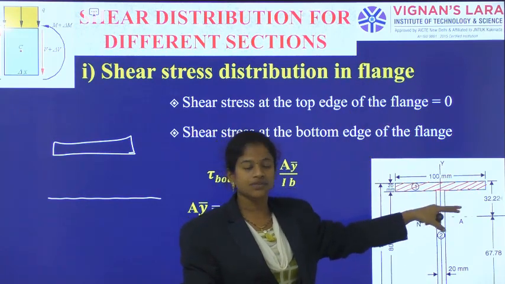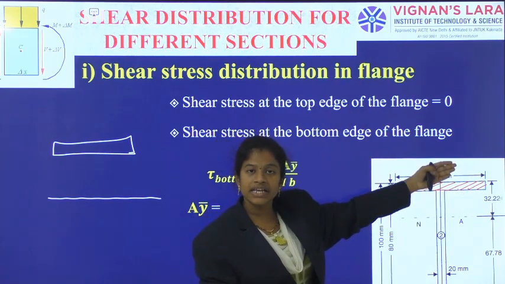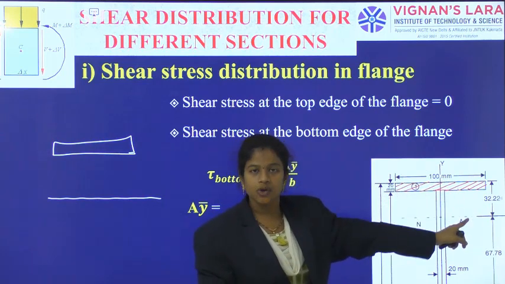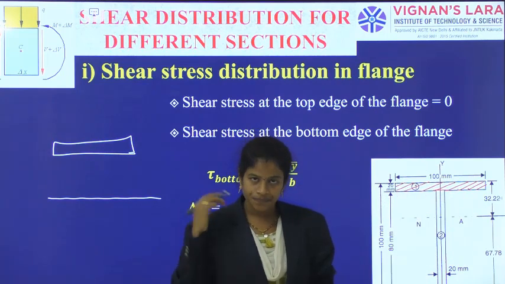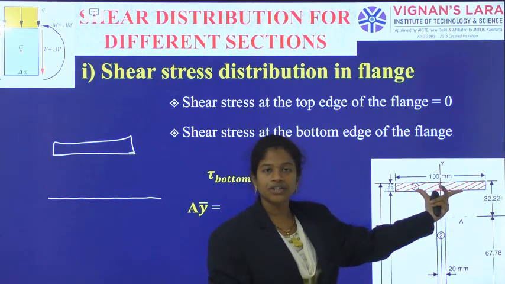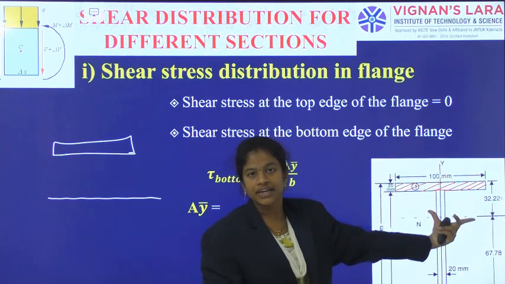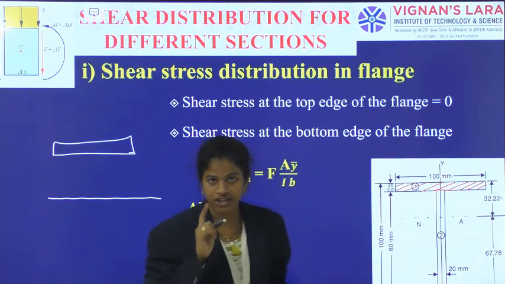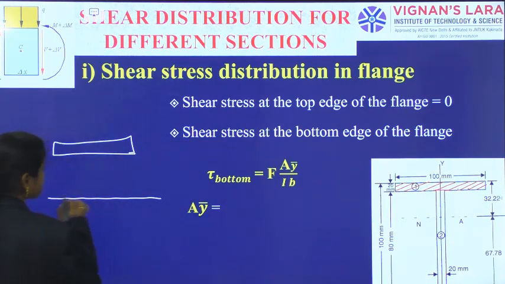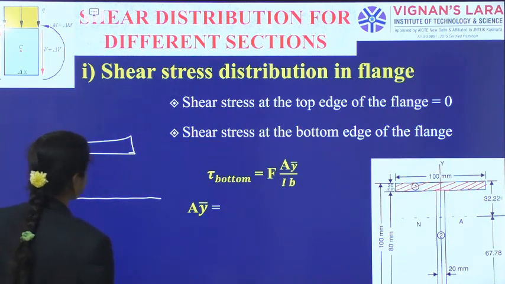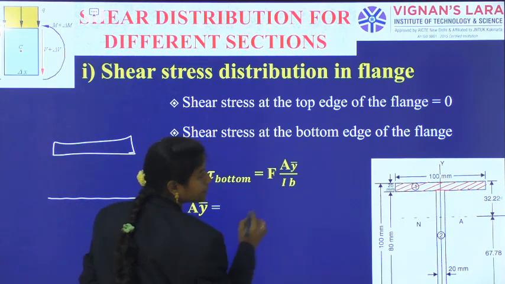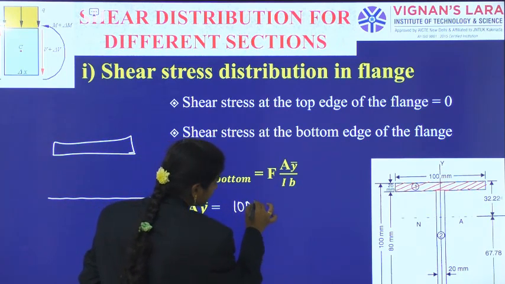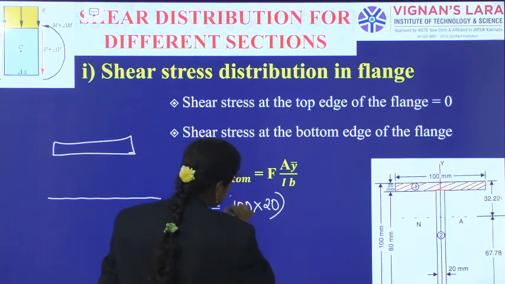Now for the bottom edge of the flange, above that level, what is the area that I am shading? So that I can calculate A into y bar. And then I need to use the width of the beam as width of the flange, because still I am there in flange only. And for that A into y bar, what is the area? 100 into 20. That is area.